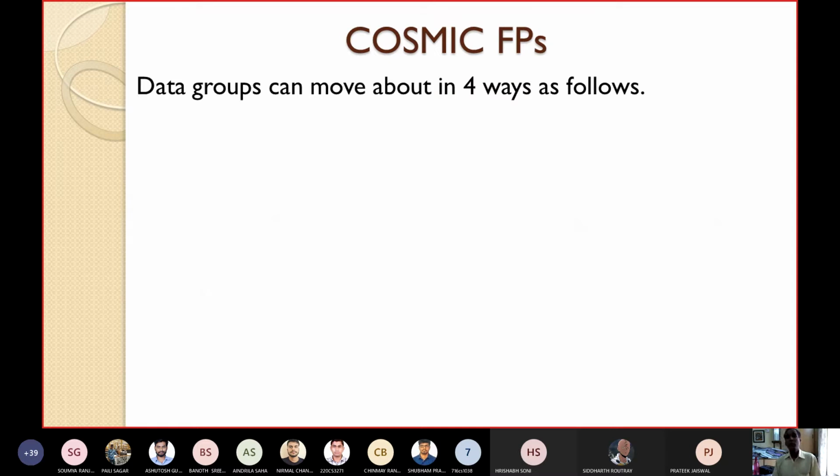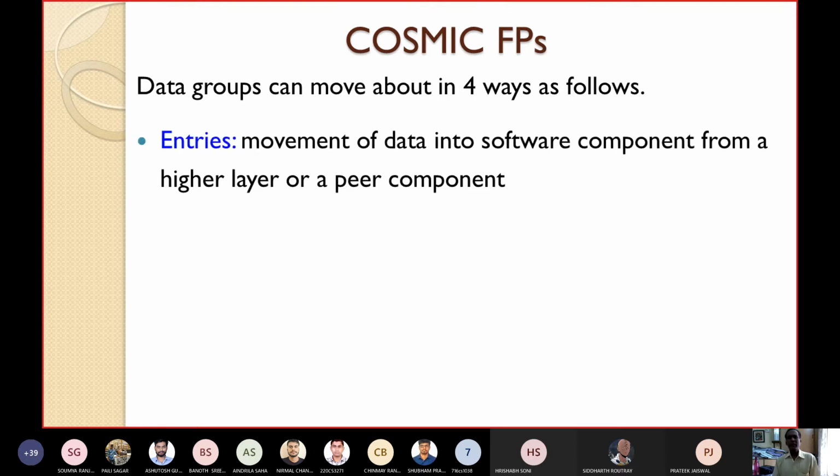In COSMIC function points, the data groups can move about in four different ways, which are as follows. There can be entries. Entries means movement of data into the software component from a higher layer or a peer component. That is one.